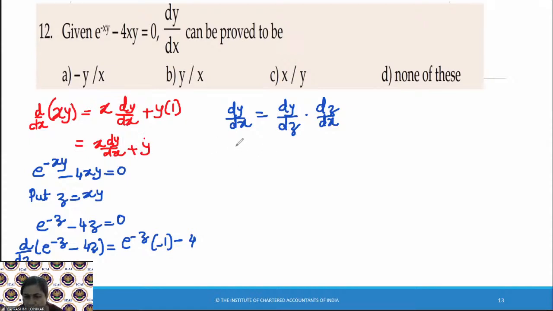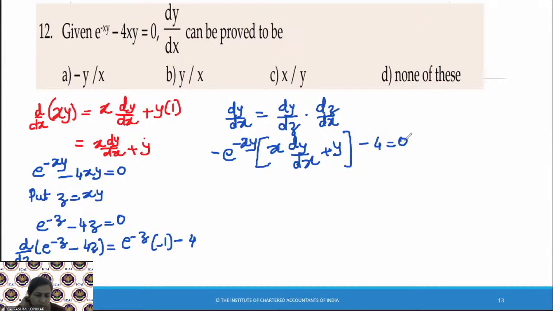Okay. So what will I get here is e raised to minus xy minus 1 into what will be the derivative? That will be x into dy by dx plus y minus 4 is equal to 0.